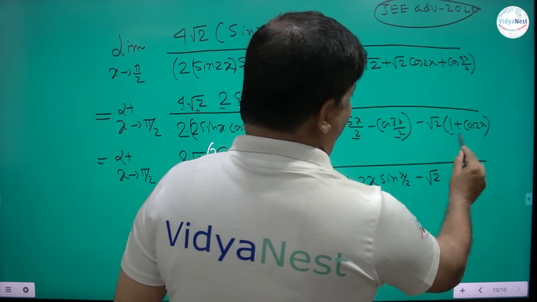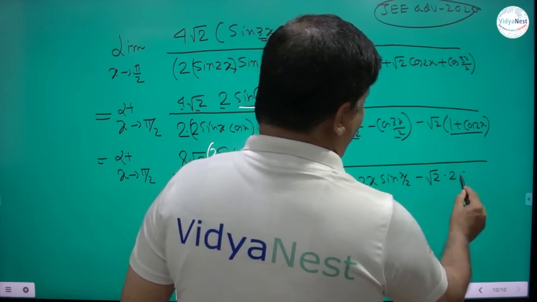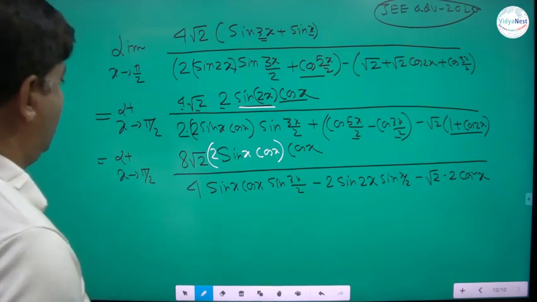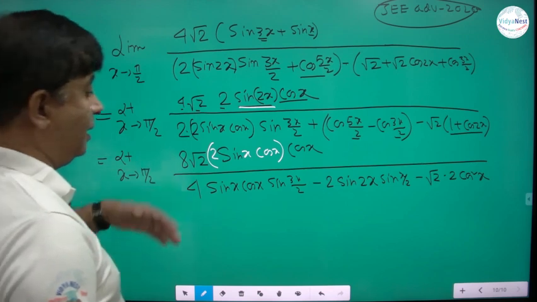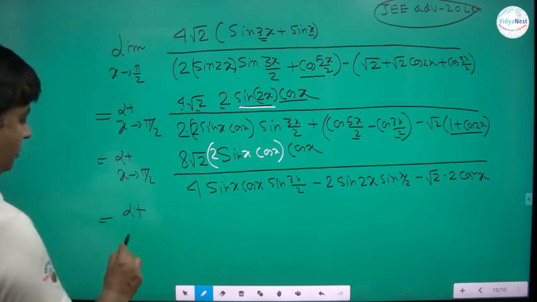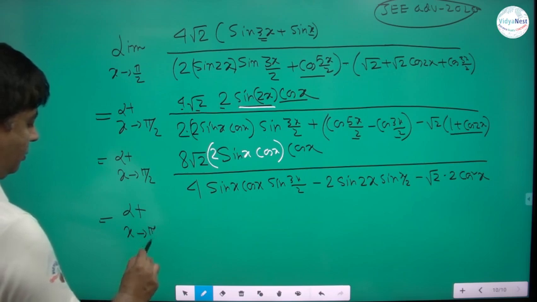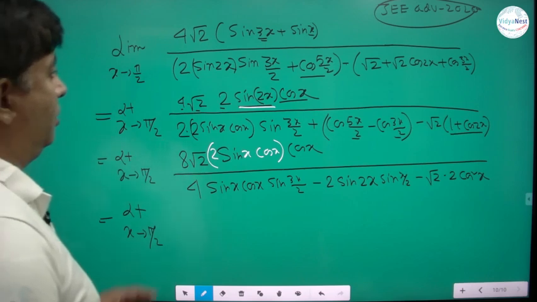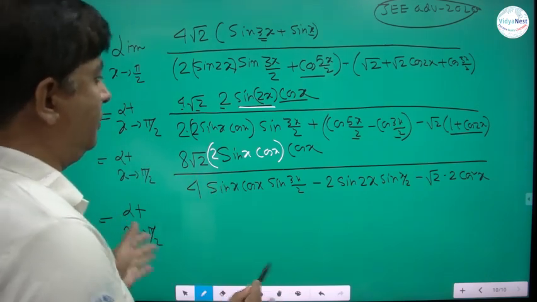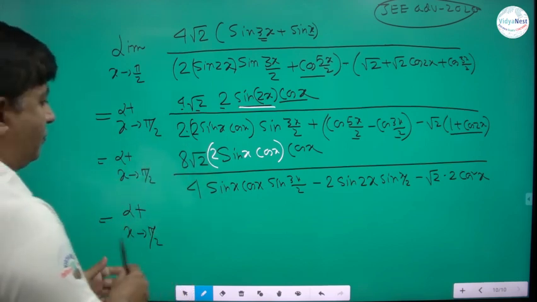And in multiple angle, 1 plus cos 2x is nothing but 2 cos square x. So till now, there is no privilege. Still, we are in the junction of simplification.